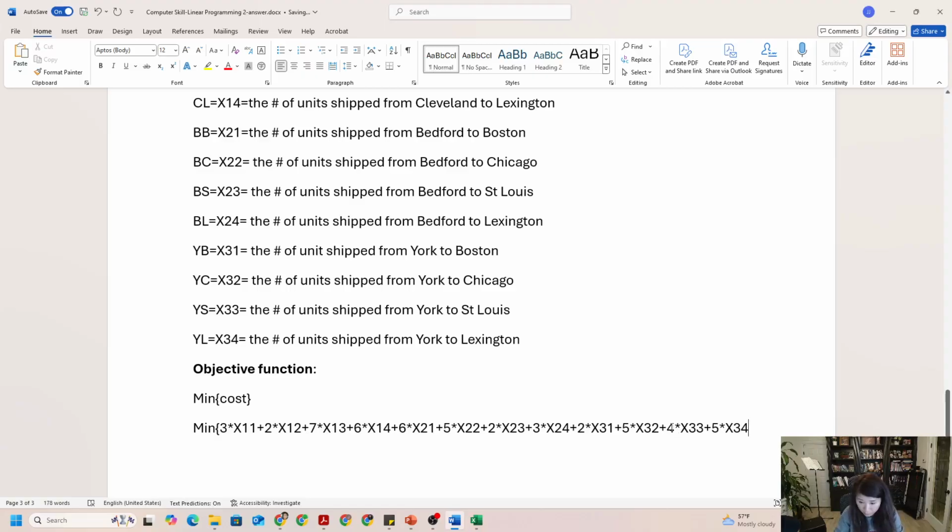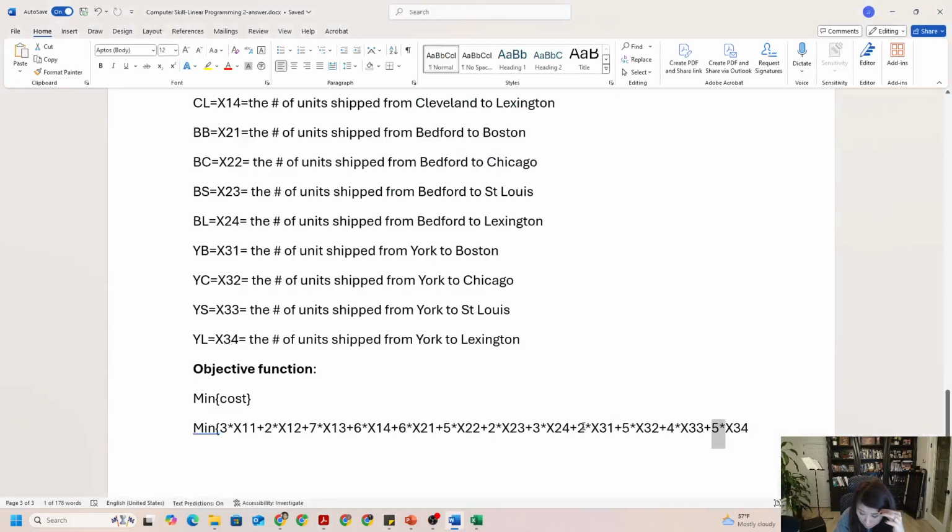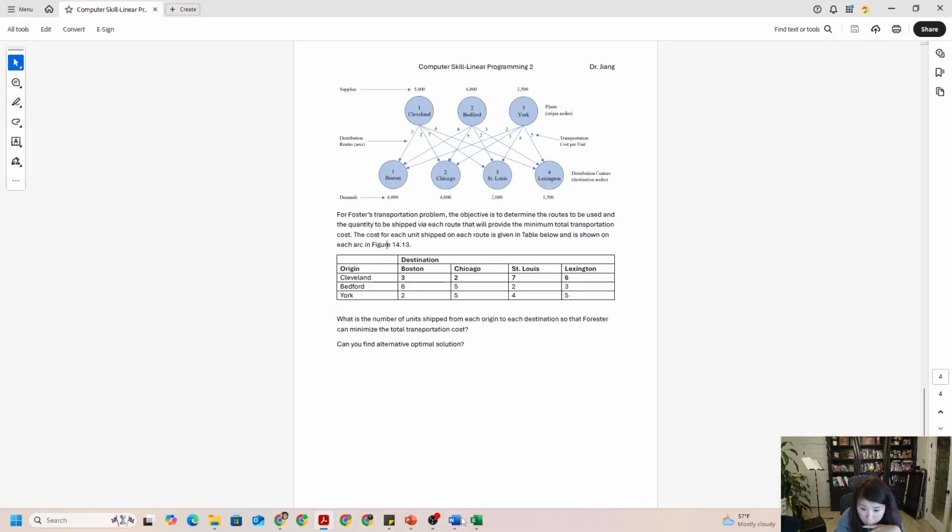Okay, you can double check if all the cost numbers match. You can go back and look at those numbers. 2, 3, 4, 5, right? Oh, actually here is a typo. So here should be 5. It's 2545. So there is a typo on the chart here. It's 2545.